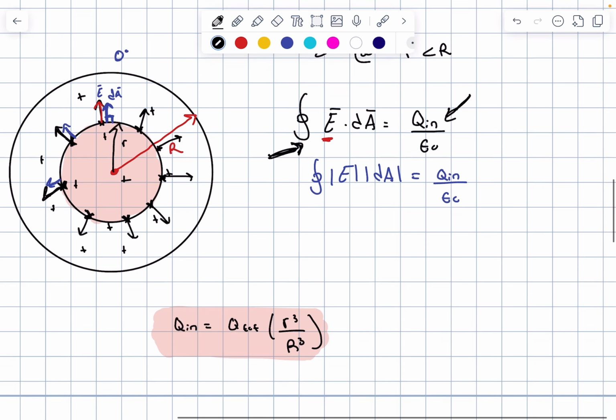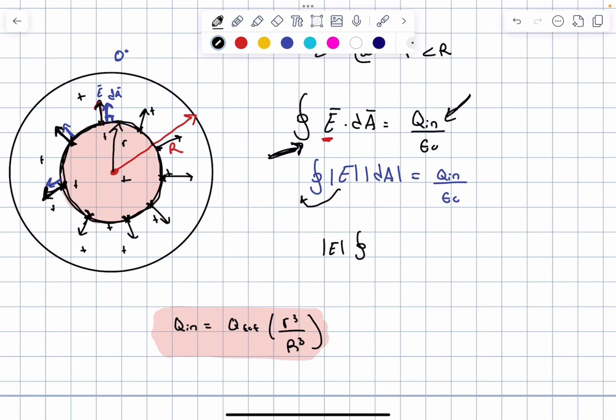Now the next good thing is that we know that the electric field is constant at every point in space along little r. So along this surface here, the electric field is going to be the same everywhere. It doesn't change, so we can pull that out of the integral. Our integral is now E times the surface integral of dA is equal to Q in over epsilon naught.